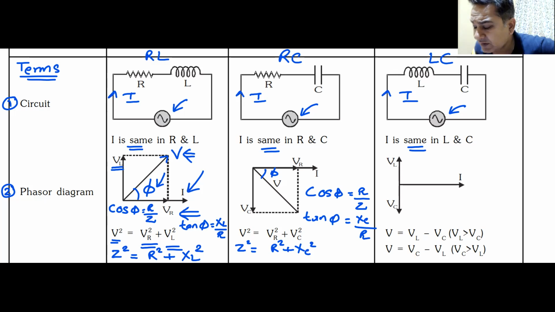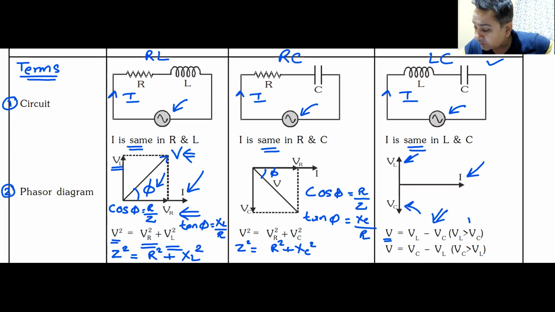In very rare circumstances, you might find this LC circuit. So what happens in this LC circuit? This is the current. Voltage across the capacitor will be behind by 90 degrees. Voltage across the inductor would be ahead by 90 degrees. So total voltage V will be equal to VL minus VC.